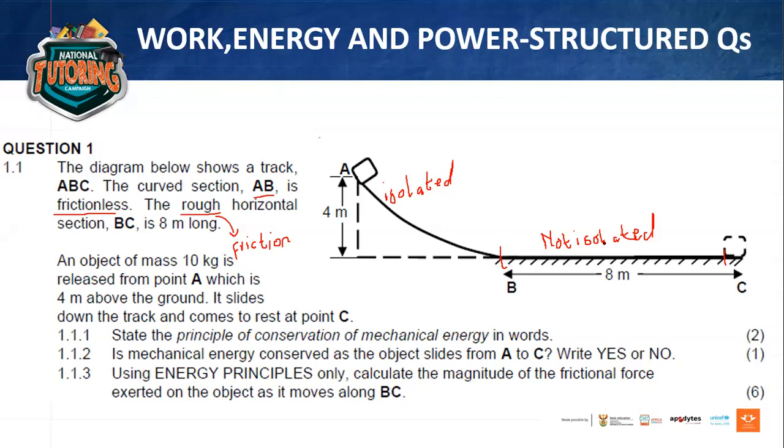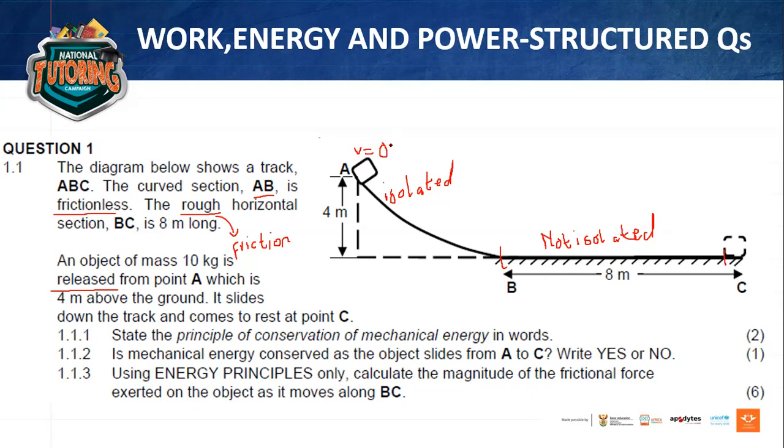They are saying to us, an object of mass 10 kilograms is released from point A, which is 4 meters above the ground. Now, from there, they are telling us an object is there and it is being released from point A. Now, once we release it, my dear learners, and they are not telling us that it is given an initial velocity of 5 meters per second or 10 meters per second.